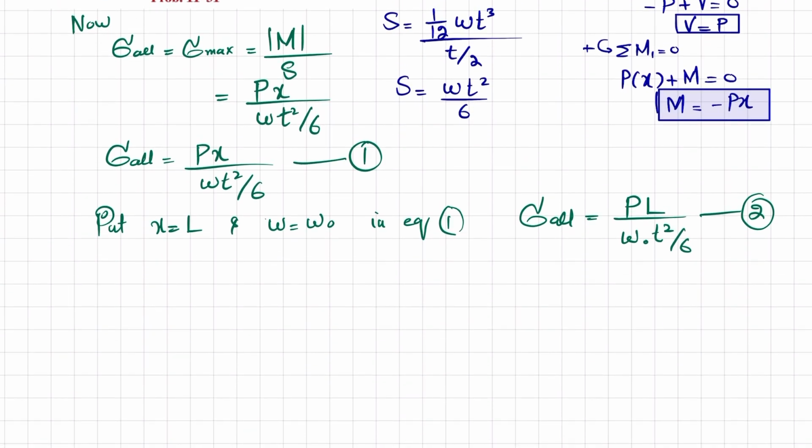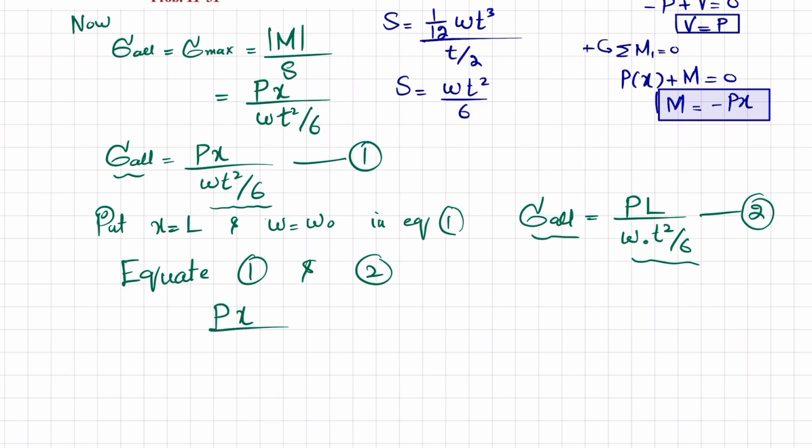Both equation 1 and 2 are allowable stress. Sigma allowable is equal to this term and sigma allowable is equal to this term. So both are the same, so equate 1 and 2. You will get P into x divided by W T square over 6 is equal to P into L divided by W naught T square over 6. This P will cancel with P, T square will cancel with T square, and 6 will cancel with 6.